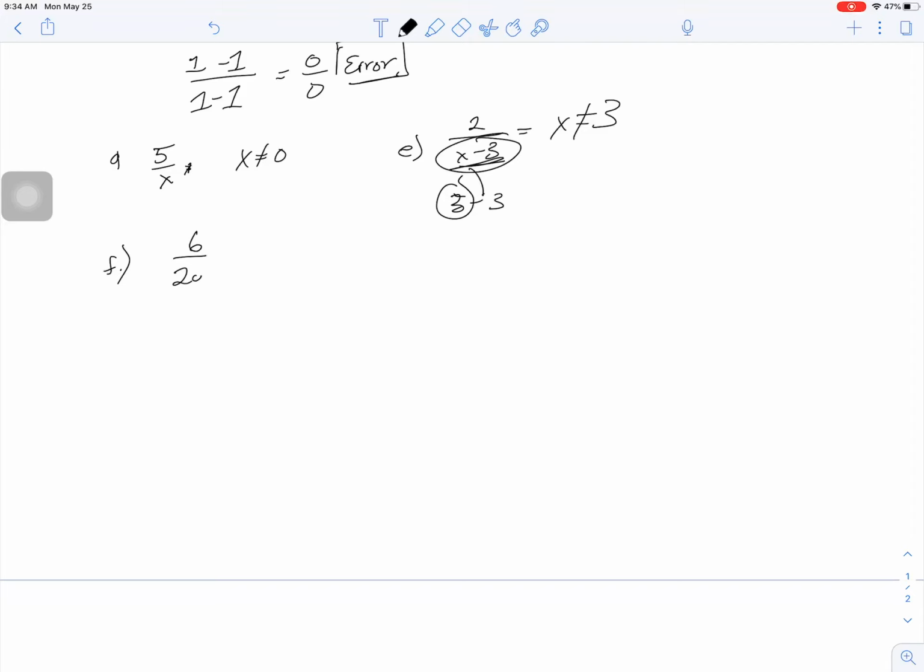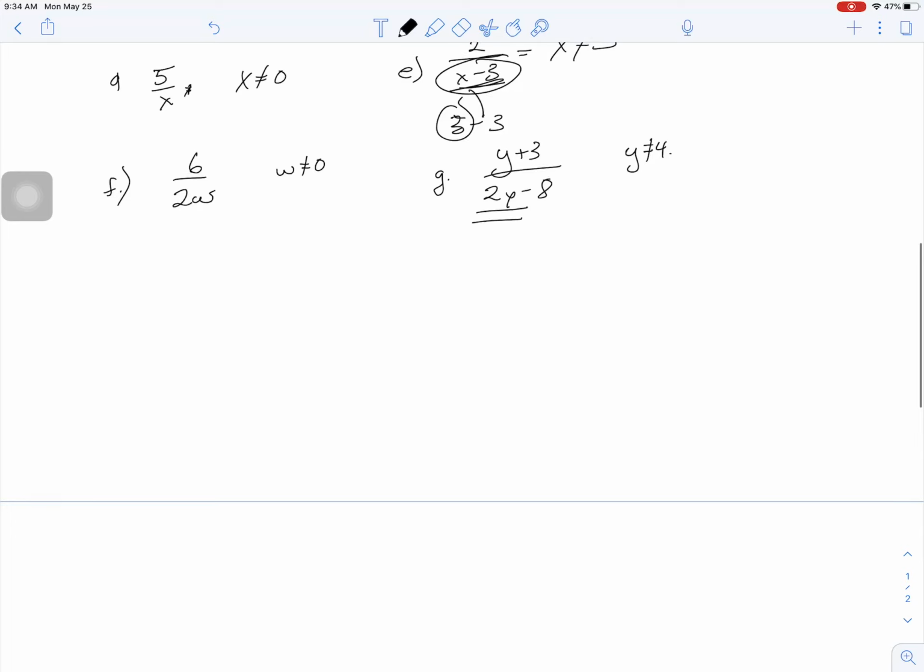So F, you have 6 over 2w, and w, of course, cannot equal 0, because that would put a 0 on the bottom. G, same thing. You're not going to get confused by the top. Just look at the bottom. So again, here, we don't want y to equal 4, because that would make 8 subtract 8.